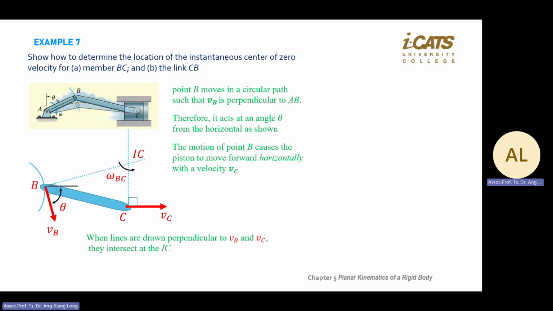Okay, so this one, the Y direction is this one because we're following the B. The B is given in the question already. Given a question like this, it must rotate like this. This arm must rotate like this. Okay, so for the body's angular velocity, omega BC, you must imagine the motion, because this one pushes down and this one pushes to the right.